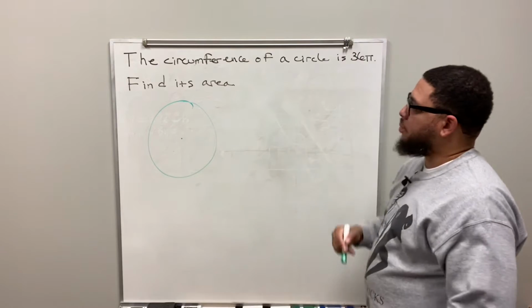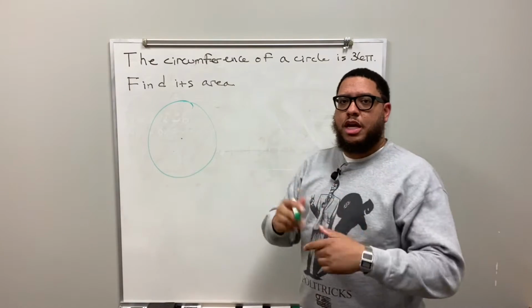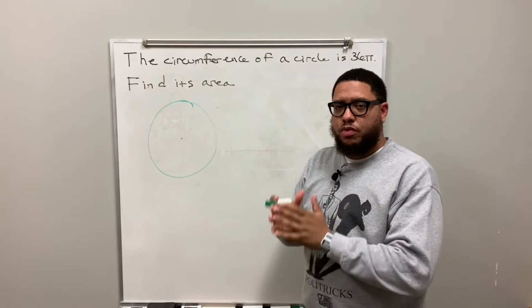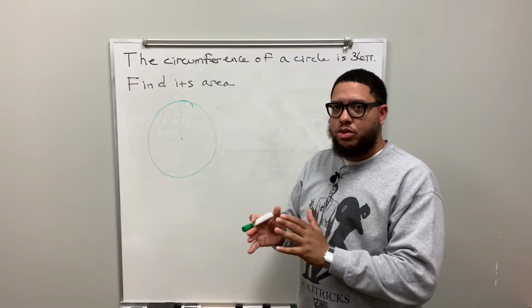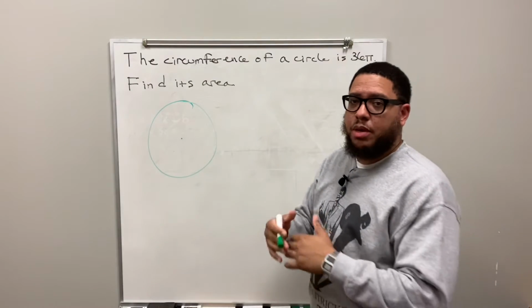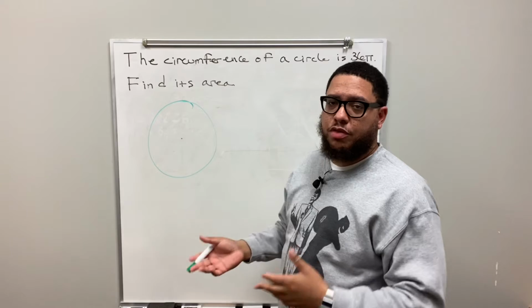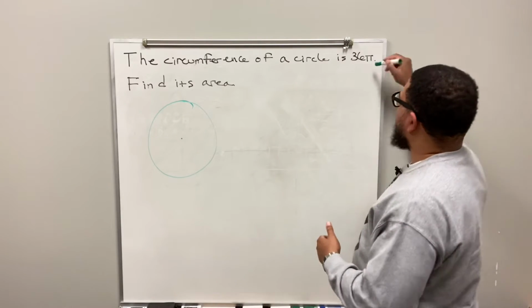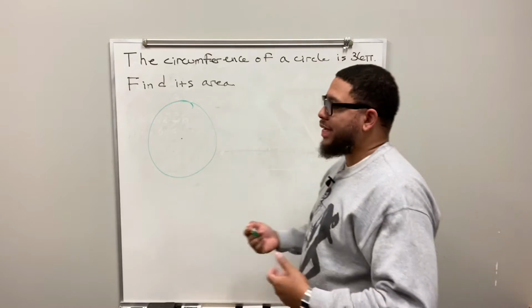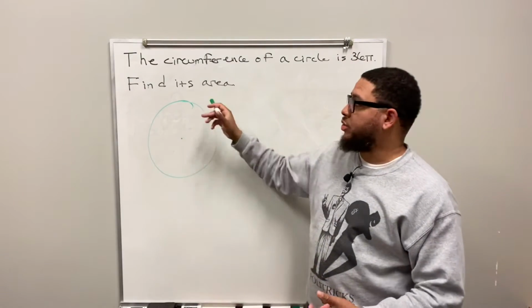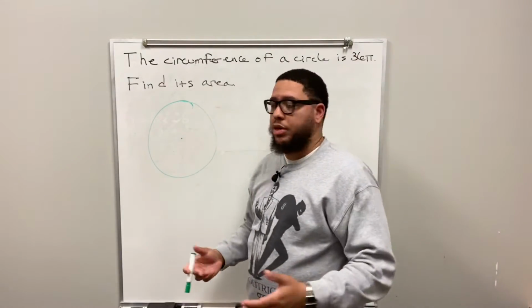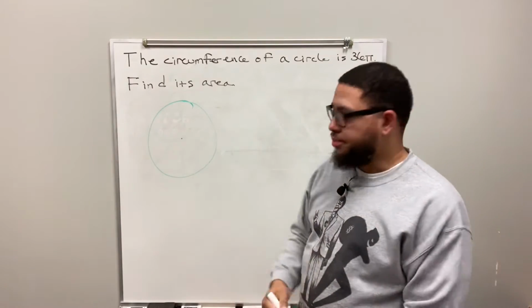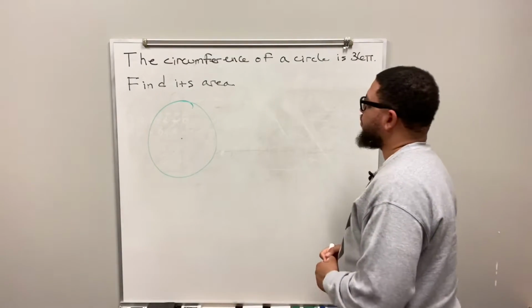Sometimes we use the letter pi to represent that value, and sometimes we'll convert it to the number 3.14. If we're given a problem with the letter pi, then that's a hint that our final answer should also have the letter pi in it.